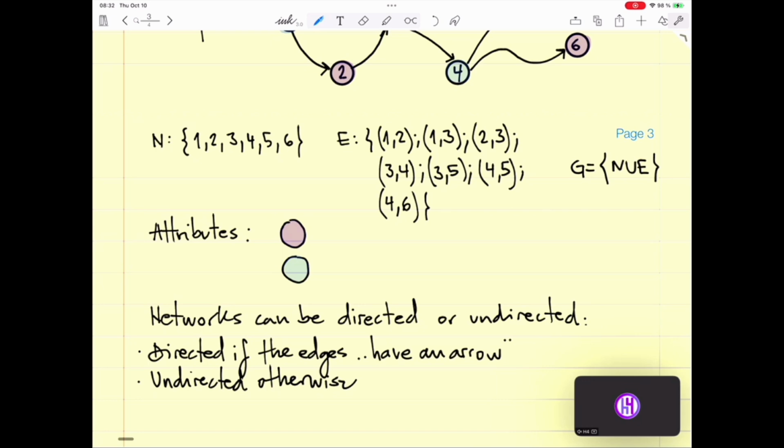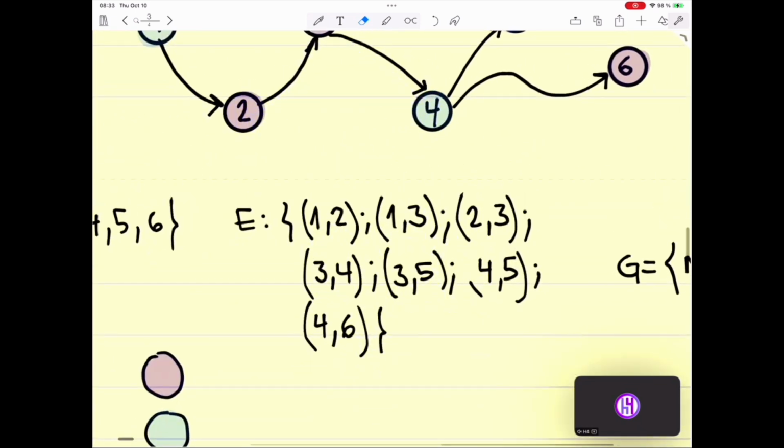I have a question. Yeah. When it's undirected, would we write the edges as 1, 2, and 2, 1, or like in that one? If it's undirected, you would write, well, actually, here we should write like this. Okay. But I didn't want to go so much into detail.